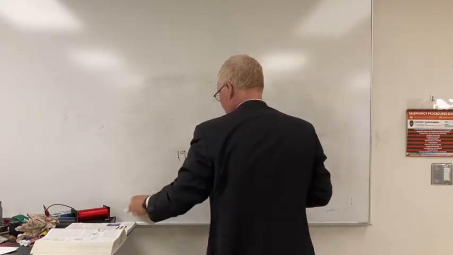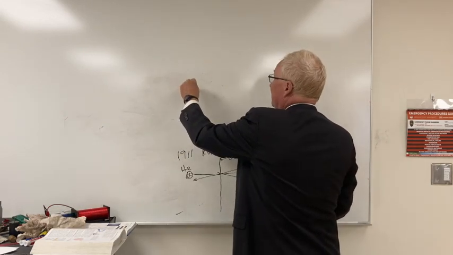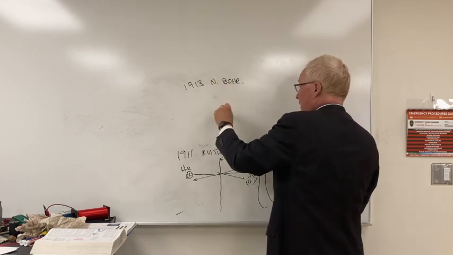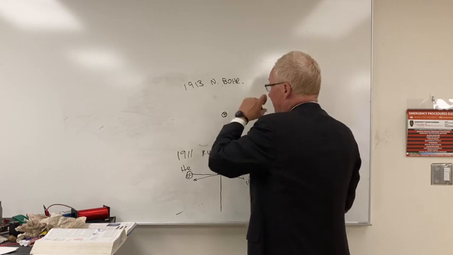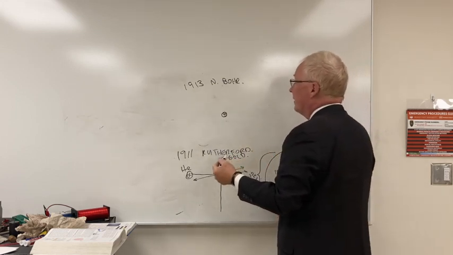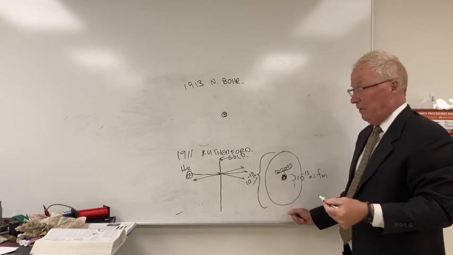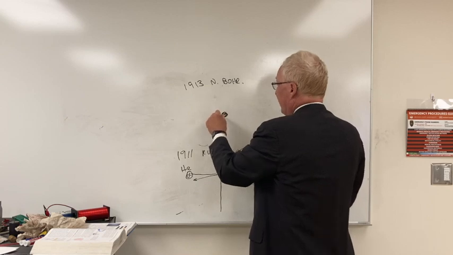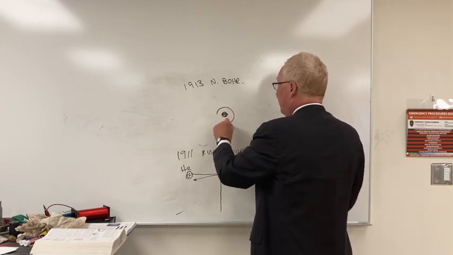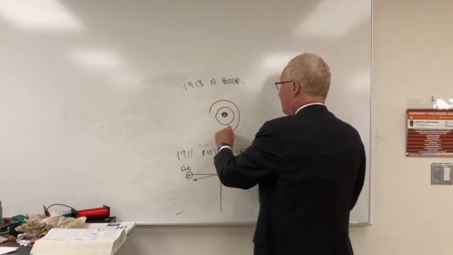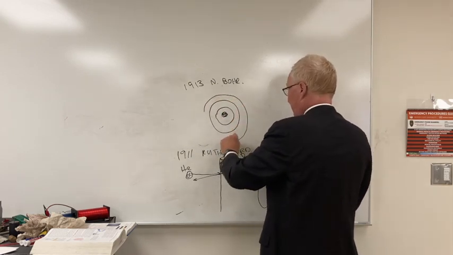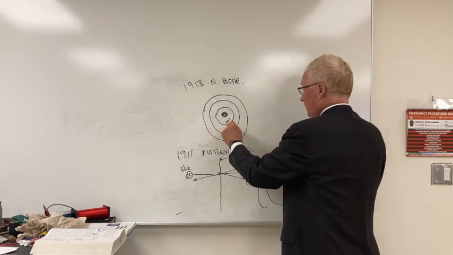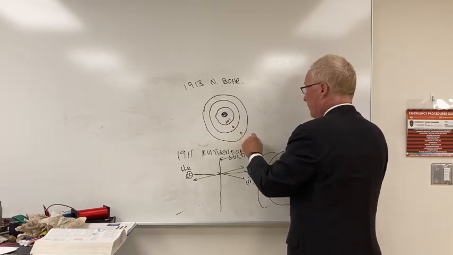And in 1913, Niels Bohr developed a model for, say, hydrogen, and this is related to lab 12. What you have are these orbits, sort of. Don't take them literally. They're given by n equals 1, 2, 3, 4, and so on.